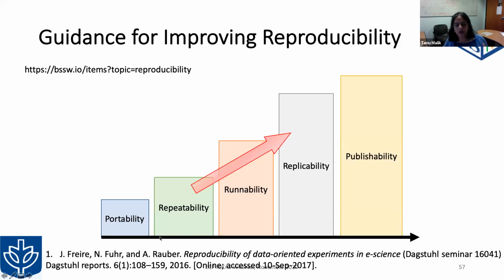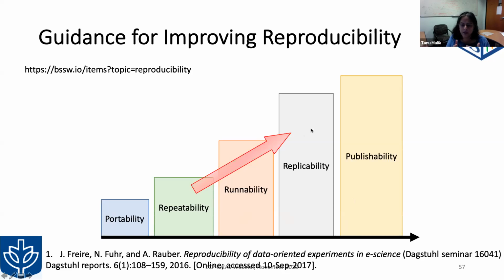You want first the program to run, but once you have gone from these blue and green bars, you want to run it with different input parameters. You might want to change some part of the program, or you might just want to make it available, which requires a lot of documentation if you are making it widely available, which is publishability. So it's a process which has to be undertaken, and it has different levels.